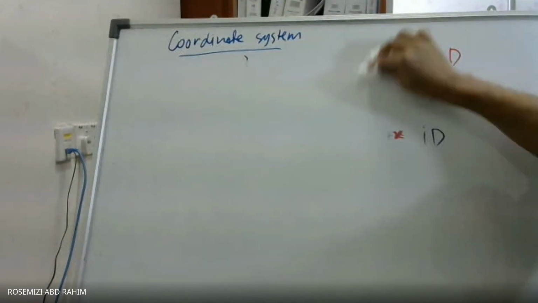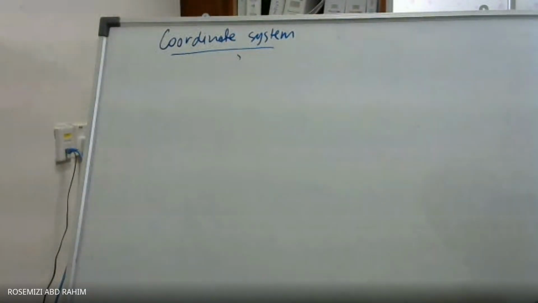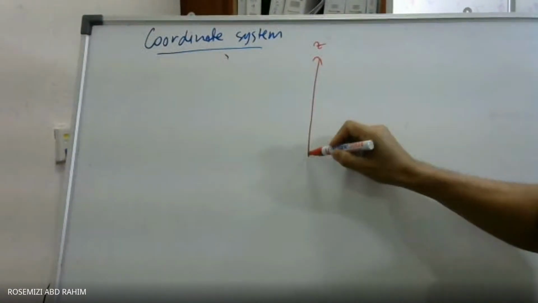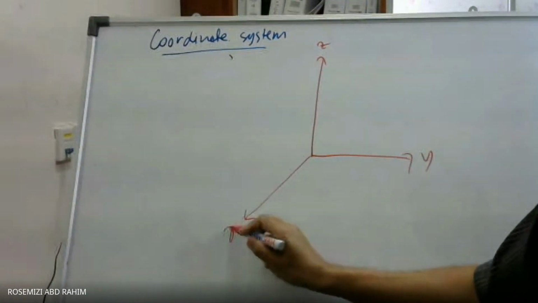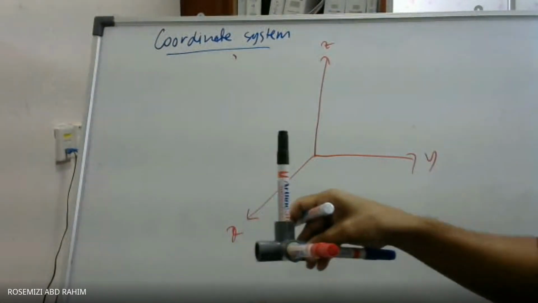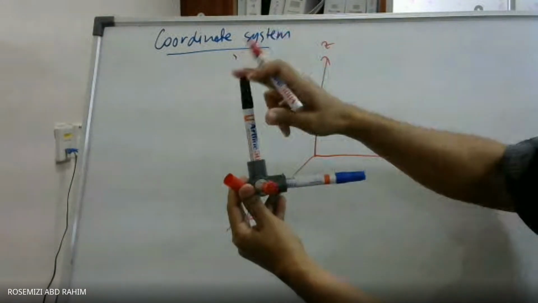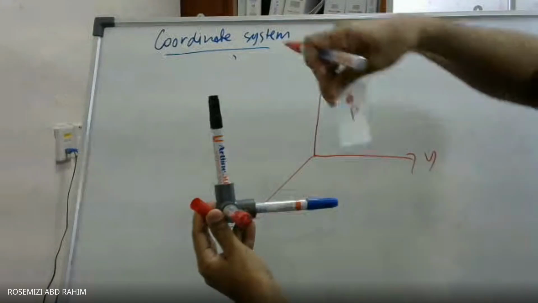So we will have to introduce one more axis. Z, Y, X. Okay, this axis, X, Y, and Z. So the point P is here. Point P is here.